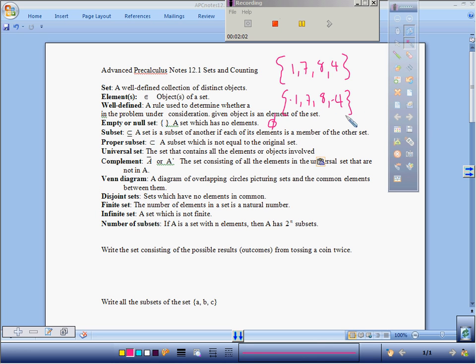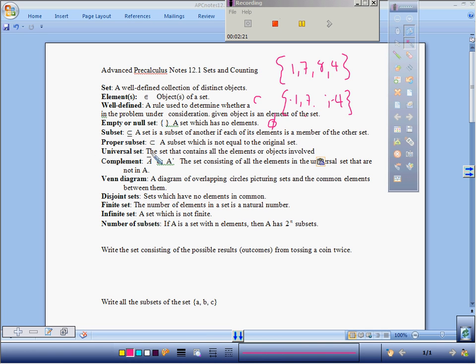In order for it to be a proper subset, it has to have fewer elements than this one does. It would have to be missing one of the elements, so something like 1, 7, and 4 would be a proper subset.